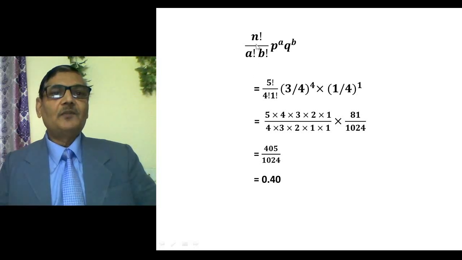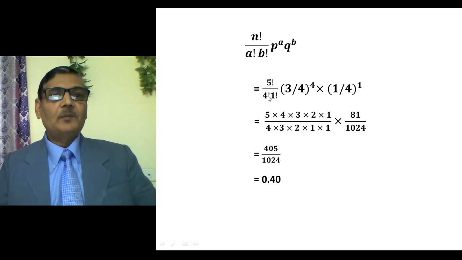The question was that 5 total cases are there. 5 plants were obtained in the next generation. So n stands for total number of cases, and A stands for occurrence of one event, B stands for occurrence of another event, P stands for probability of occurrence of A, and Q probability of occurrence of B. So 5 plants means 5 factorial divided by A factorial.